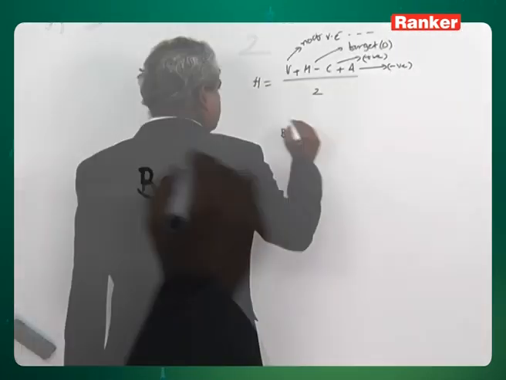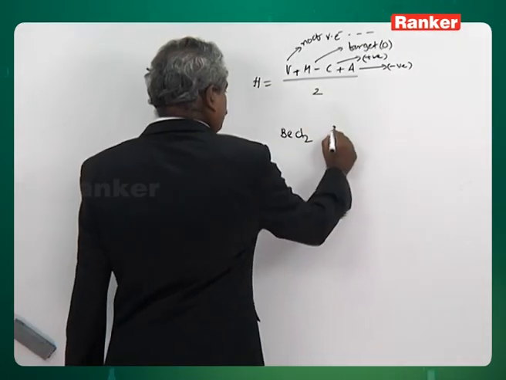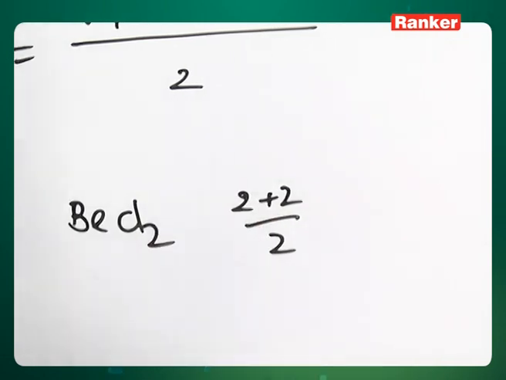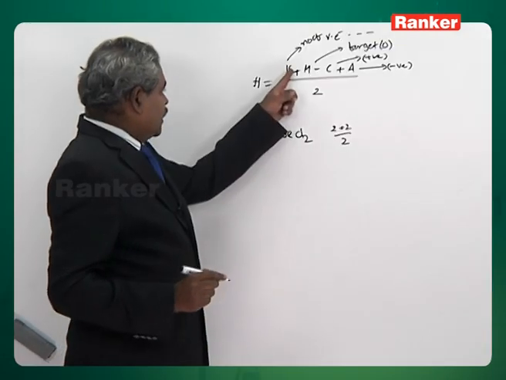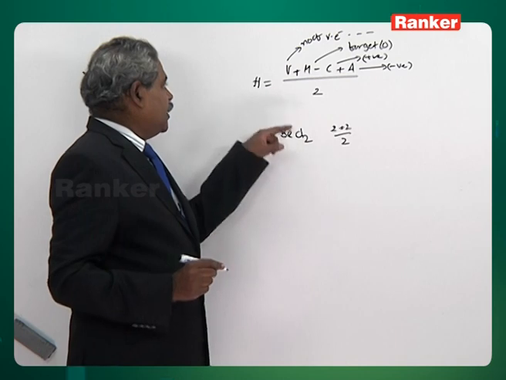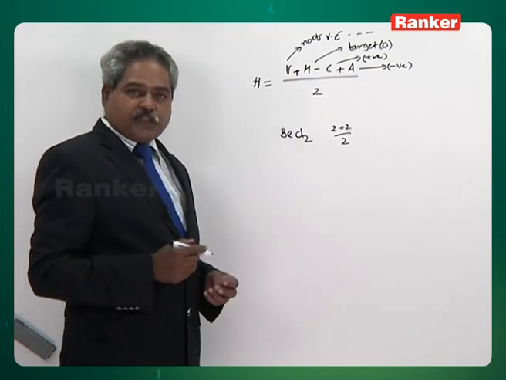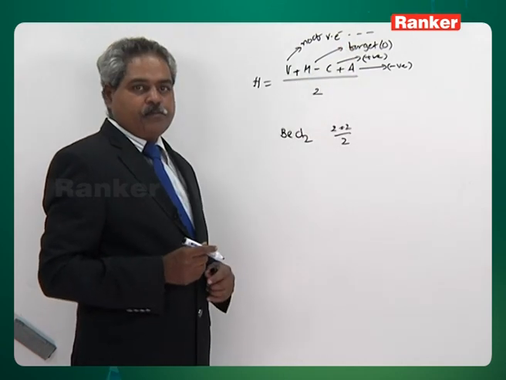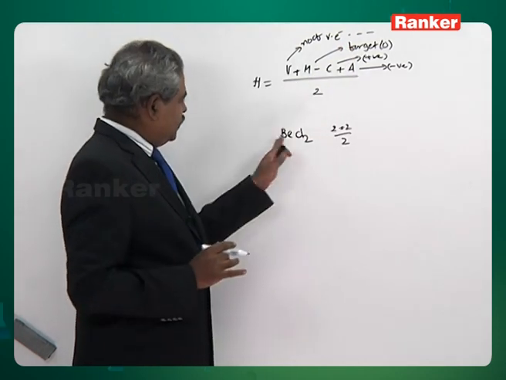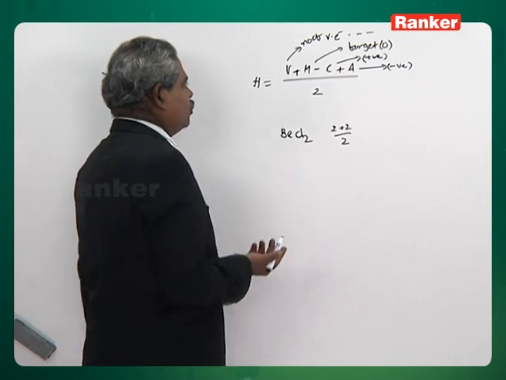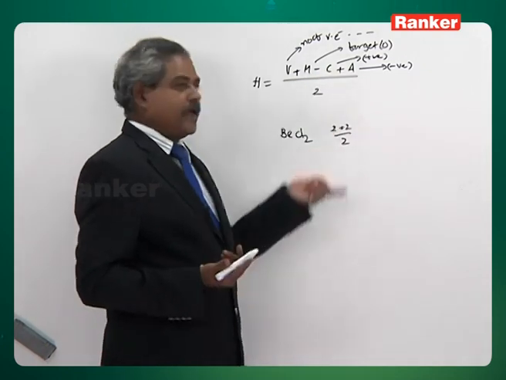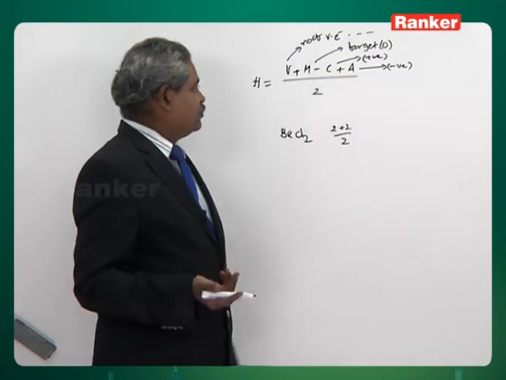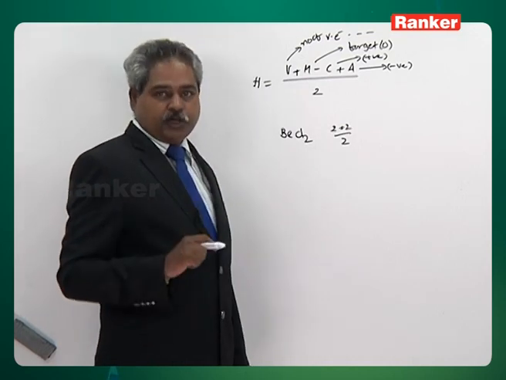BeCl2. Beryllium valence electrons 2. 2 plus 2 by 2. Valence electrons of beryllium 2 and 2 chlorines. We consider chlorines. We don't consider oxygens. You calculate all others. It's not a cation and it's not an anion. If it is a cation, you get a positive charge; if it's an anion, you get a negative charge.